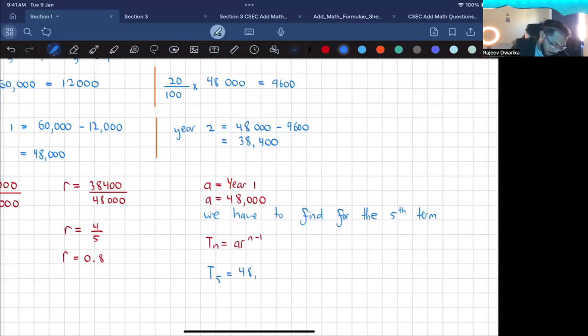What is the first term? 48,000. Right. My common ratio is? 0.8. Okay, it doesn't matter whether you use the decimal or the fraction. So what power? 5 minus 1.